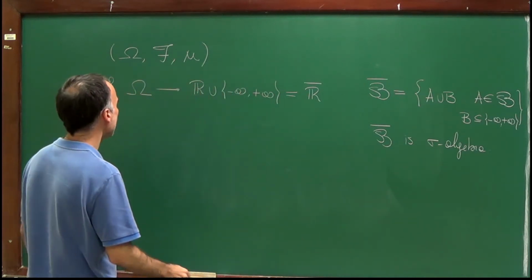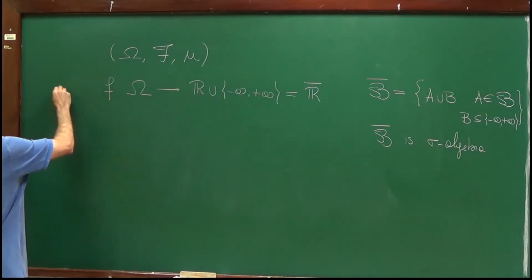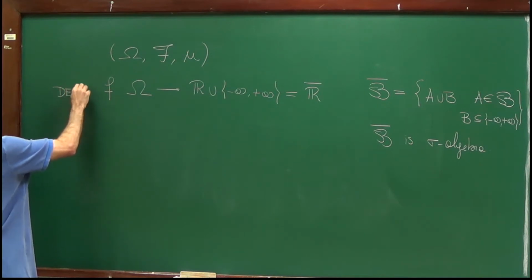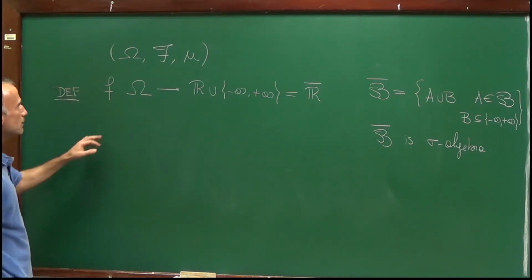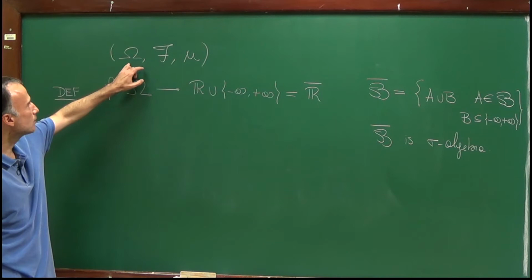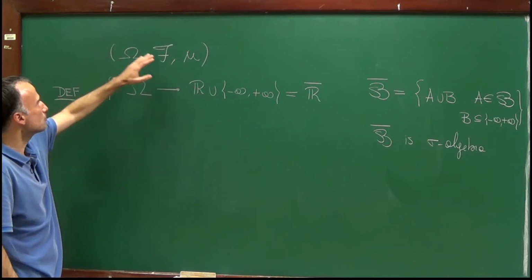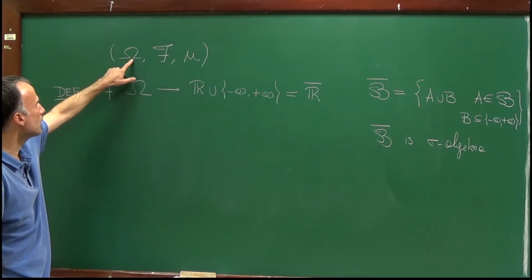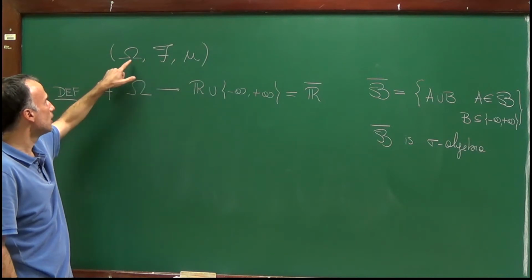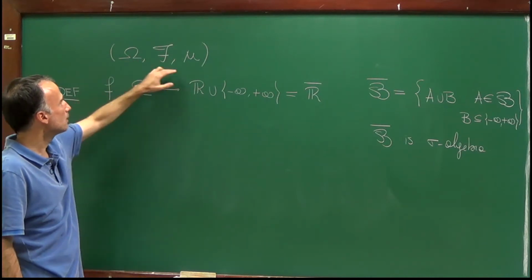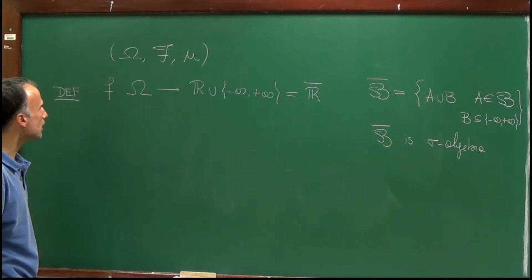And therefore, I will say that a function is defined on a measure space. So a measure space will be a triple in which we have a set, a sigma algebra of subsets of this set, and a measure defined on this sigma algebra.